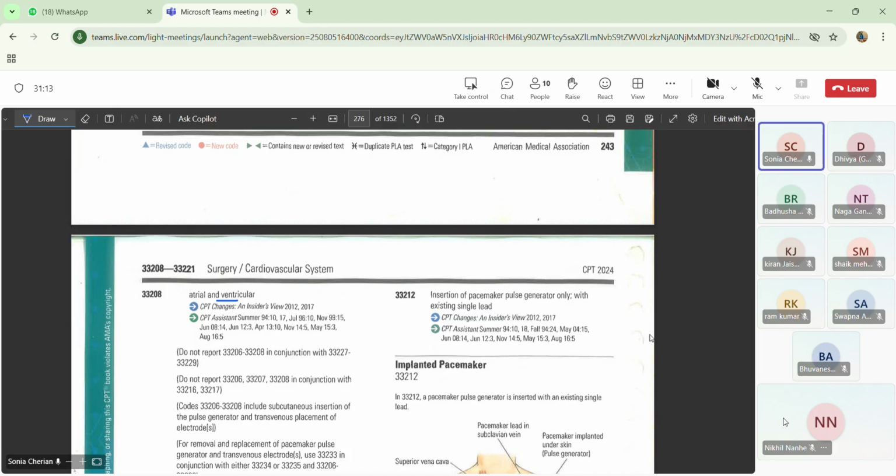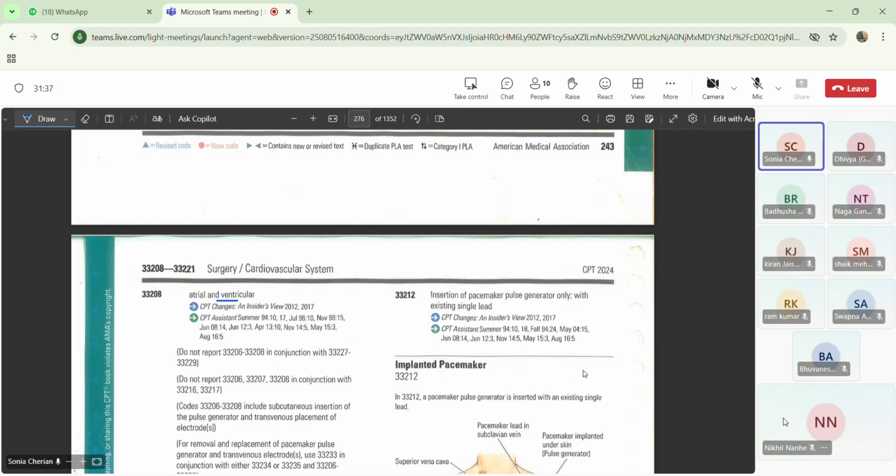Now, as I told you, if they are placing the device generator, I mean the pulse generator, they actually place it inside a skin pocket. Whenever you're reading an OP chart, make sure that they're creating a skin pocket and placing the pulse generator. That is the term you have to check for.